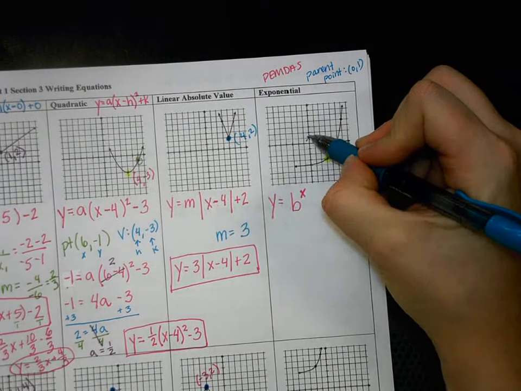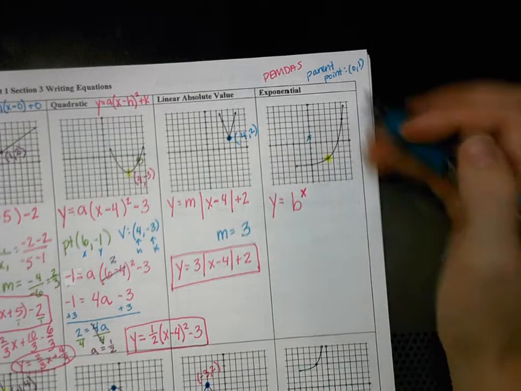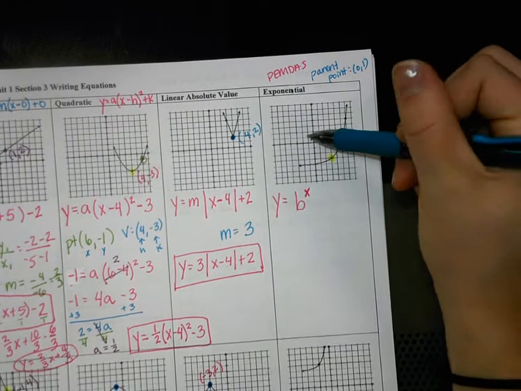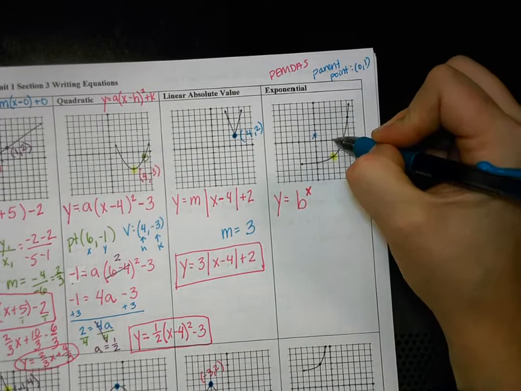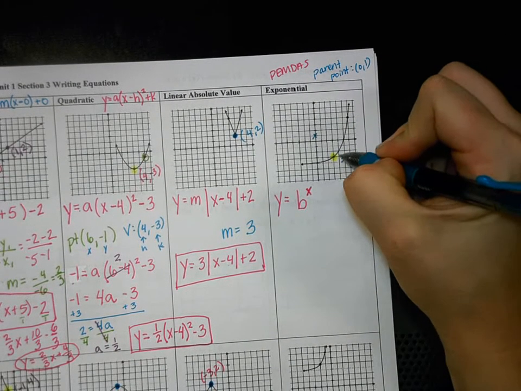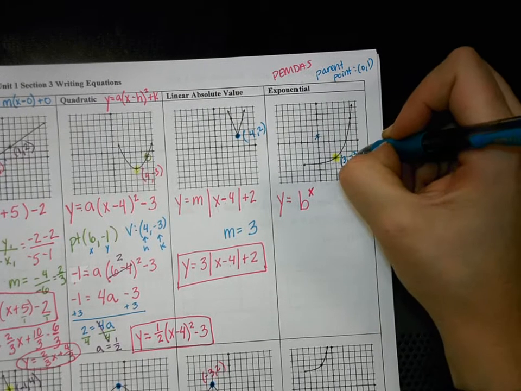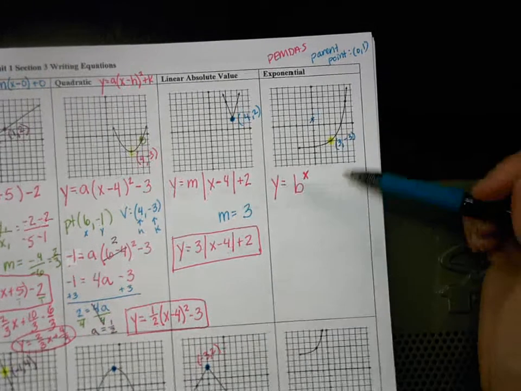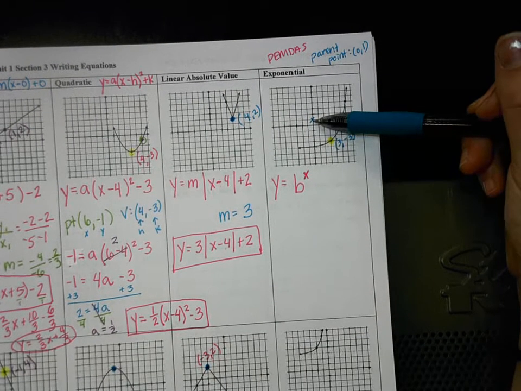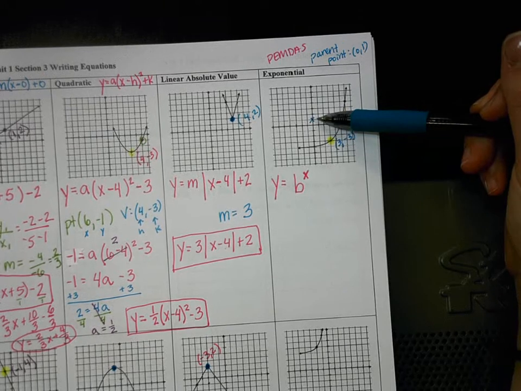So we can't just look at that point itself. We need to see how far it moved from 0, 1. This point is 3, -3. But those are not the numbers necessarily that we're going to plug in. We have to look where it changed from 0, 1. So we actually go to the right, how many?